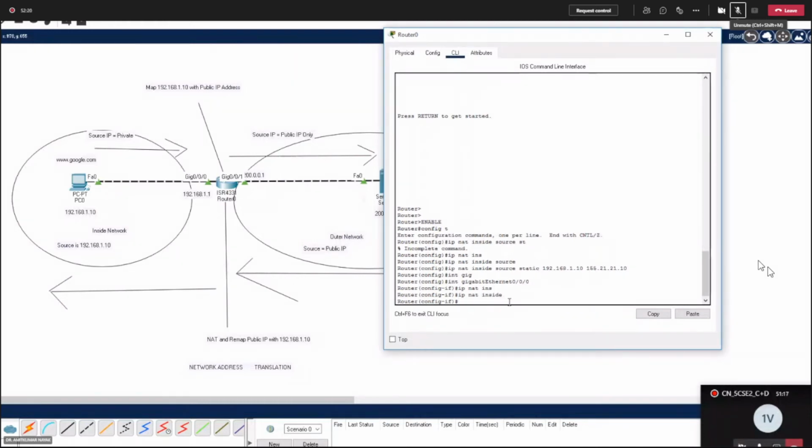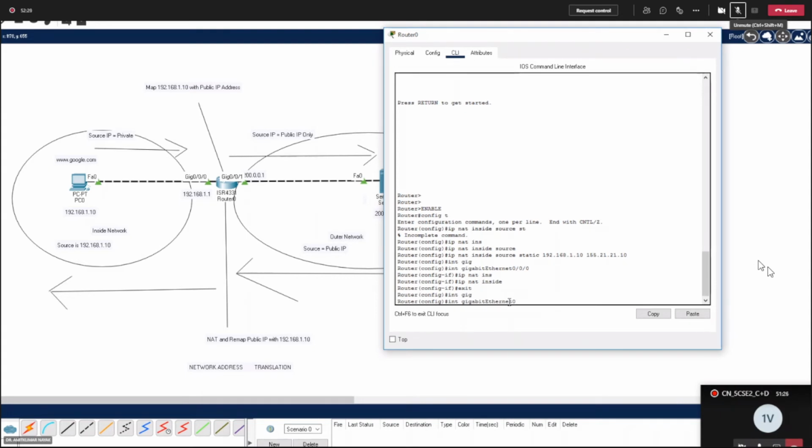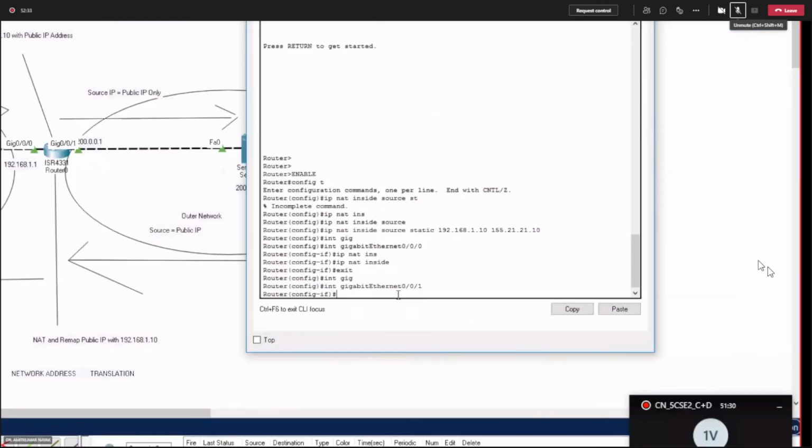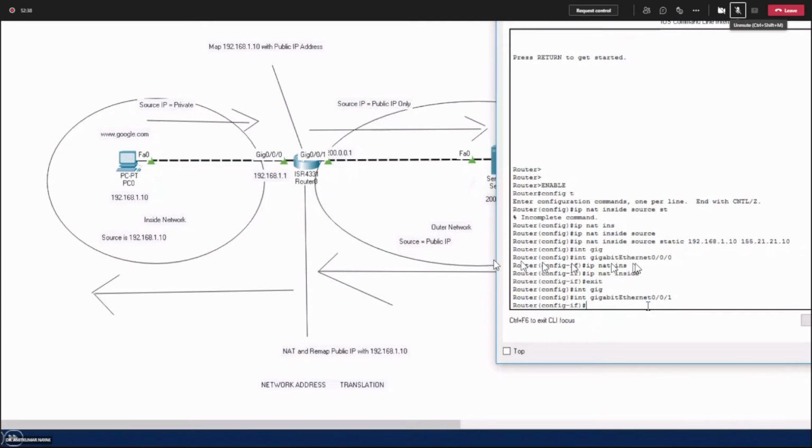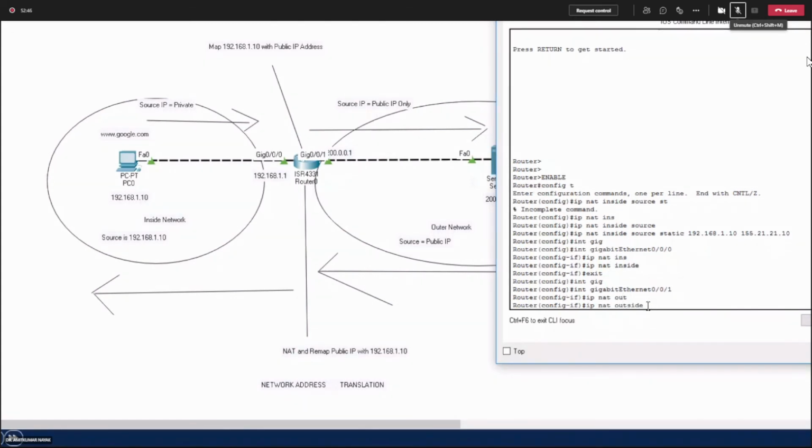Then I have to go on interface gigabit Ethernet 0/0/1, and this interface will be ip nat outside, yes or no?